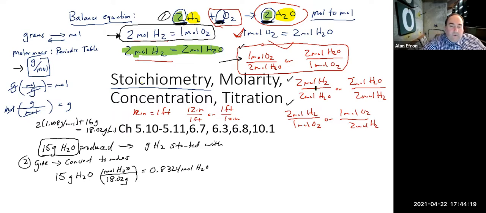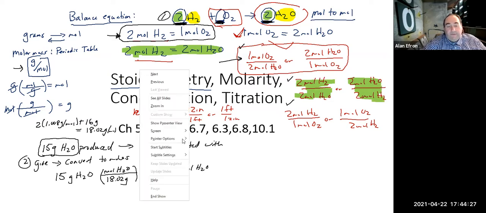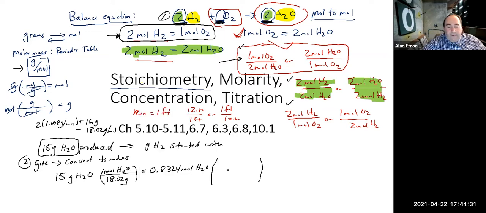From that equality, we can choose two conversion factors. Which should we choose? We should choose the one that cancels out the units. We don't want to keep water anymore, so we use the one on the left-hand side. That puts the water on the bottom and allows us to get to the H2 on top.